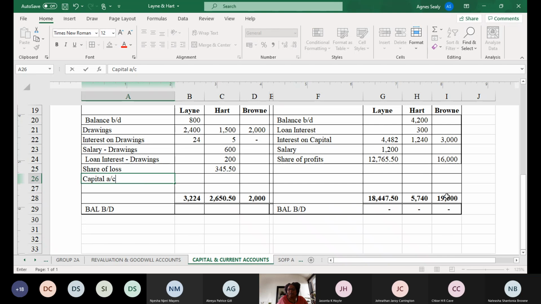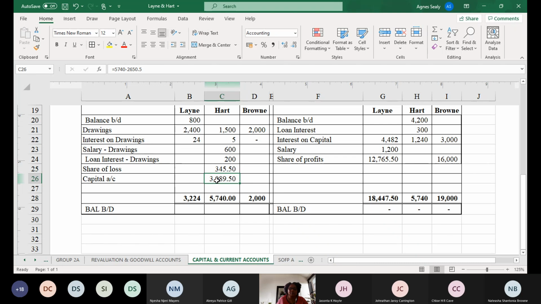So when we look at Hart, her credit side is $5,740 and her debit side is currently $26.50. So that would be 5740 minus 2650. Wait now. Something looks wrong here. 5740 minus, what did I total?